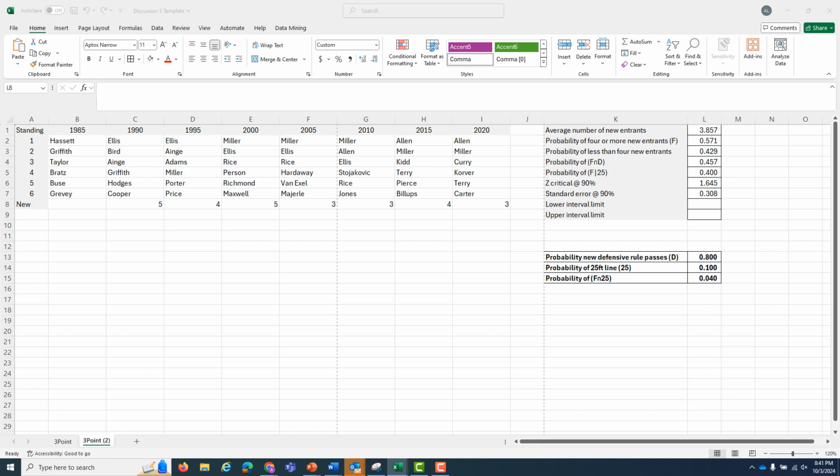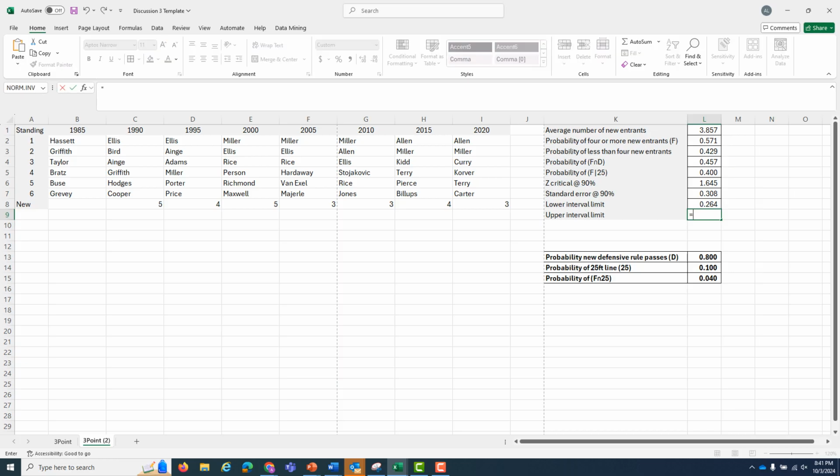So now I get to construct my confidence interval. My confidence interval in this case is just our historical probability minus the standard error for our lower limit and our historical probability plus the standard error for our upper limit. So right here, this is equal to 0.571 minus our standard error of 0.308.